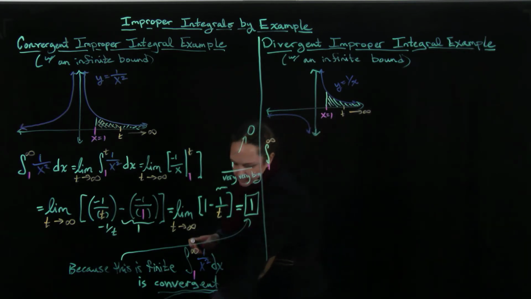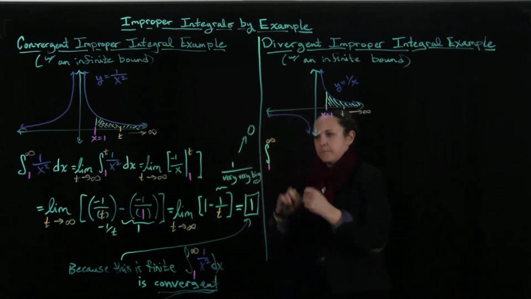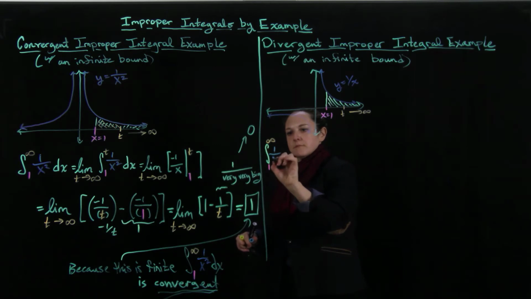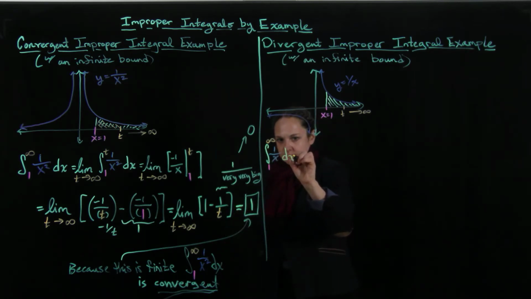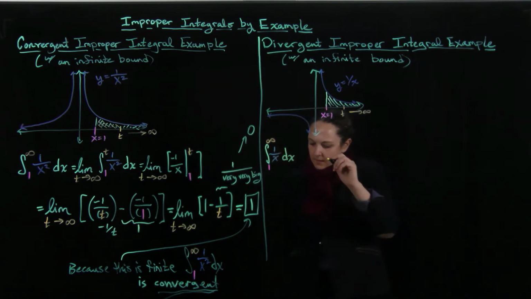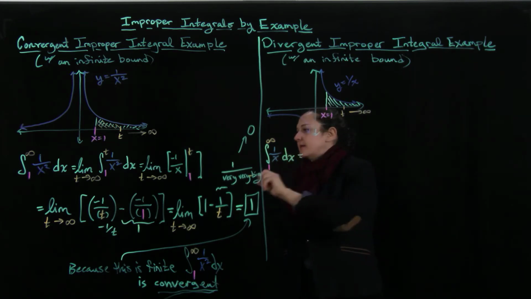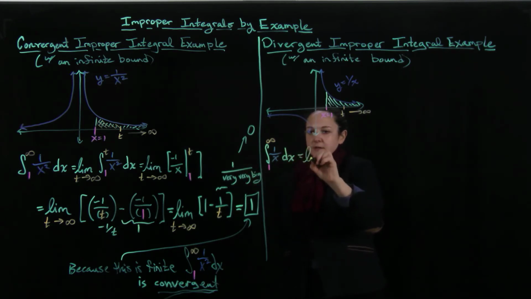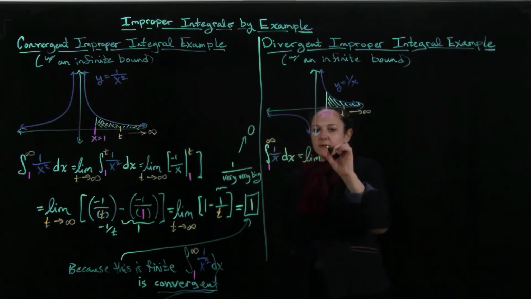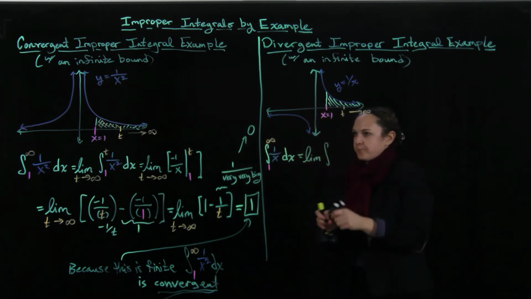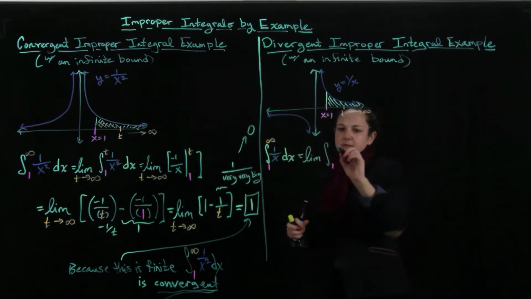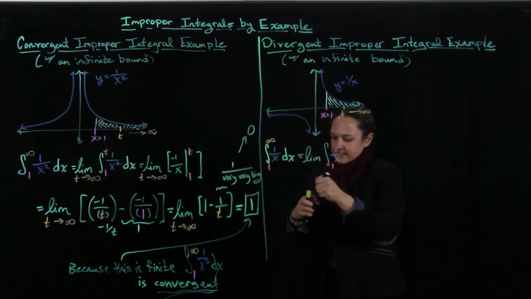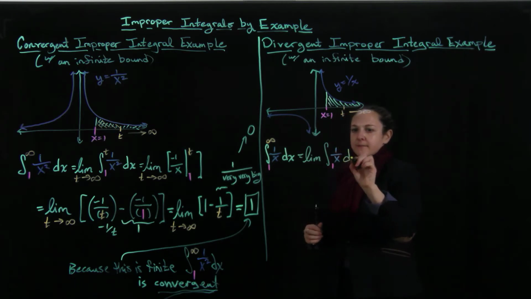And then I'm going to get 1 over x dx. Okay, and so again, I'm going to do something very similar to whatever I did over there. So I'm going to replace this bound with a t. I'm going to keep the bottom bound as 1. I'm going to keep this as 1 over x dx.